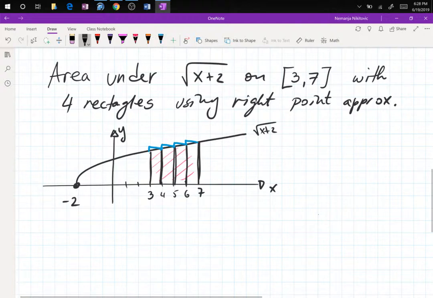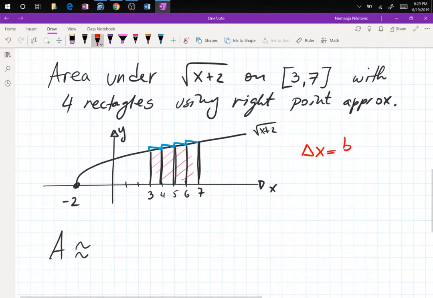So what do I have? The area will be approximated by, how much is each one of these widths? 1. Now there is a cute formula which we will use a lot later and tomorrow.